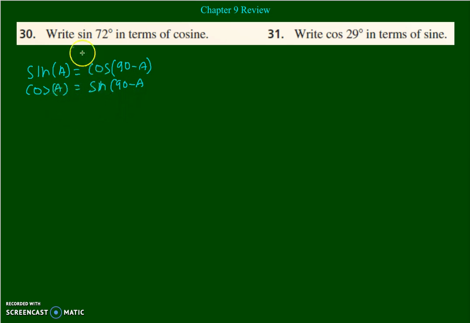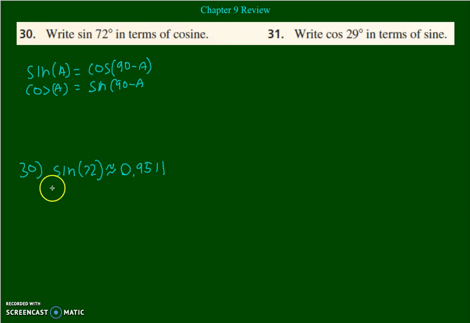So, for example, in number 30, sine of 72 is approximately 0.9511.